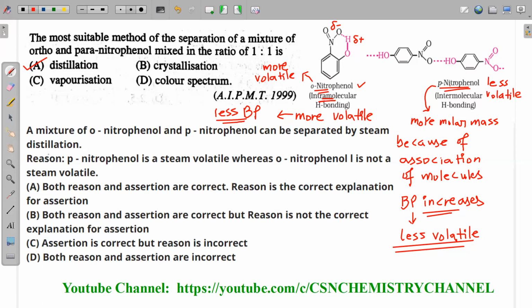Now see the reason given in the statement. The reason is given as para-nitrophenol is steam volatile. Is it correct? Are more volatile compounds steam volatile, or are less volatile compounds steam volatile?